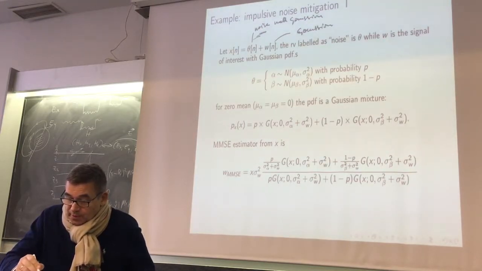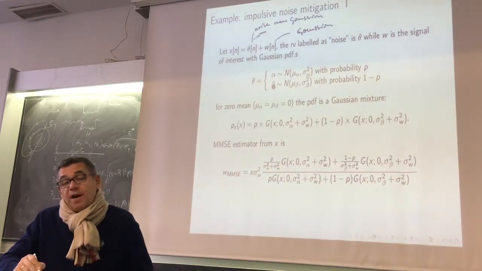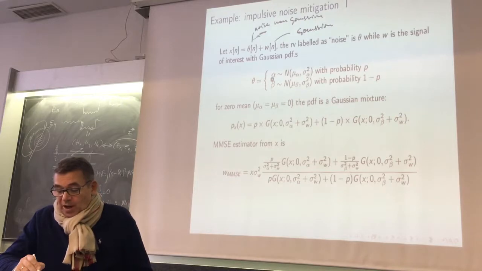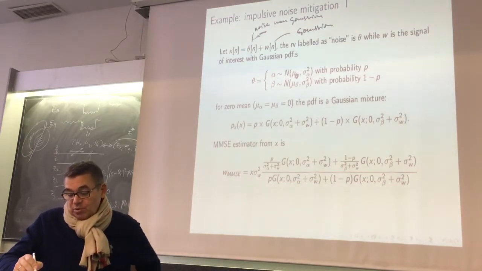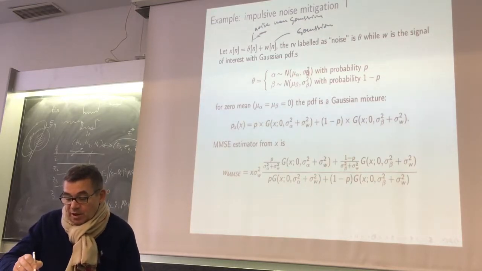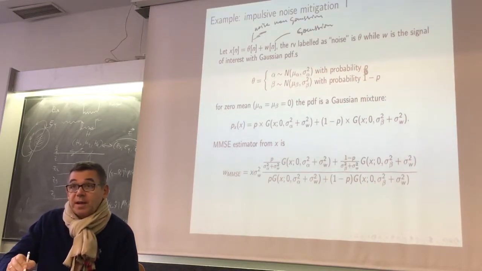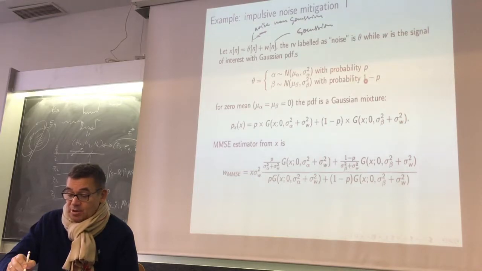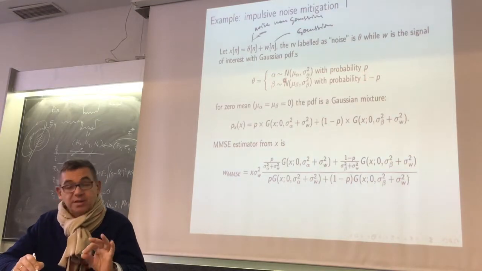Now theta is modeled as alpha or beta, where alpha is a Gaussian variable with mean mu alpha and variance sigma alpha squared, and beta has mean mu beta and variance sigma beta squared. Now alpha is modeled with probability p, and beta is modeled with probability 1 minus p. Now for the specific setting of Middleton, he said that the mean is 0.